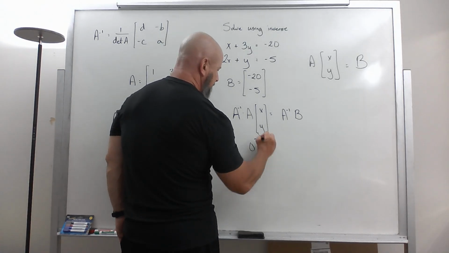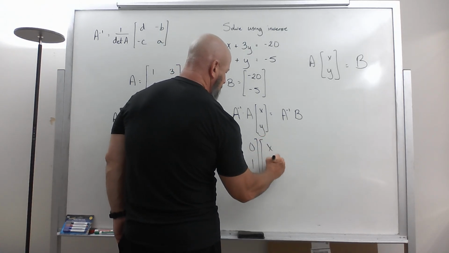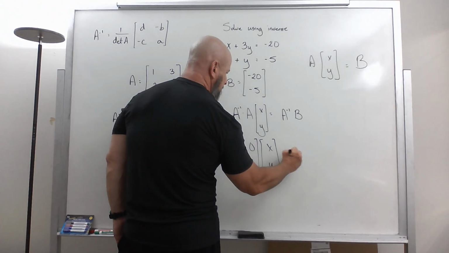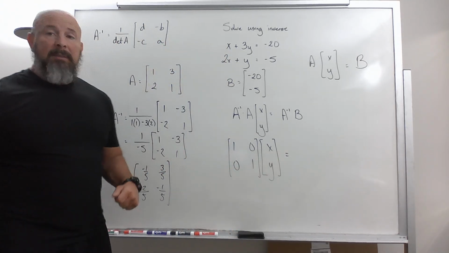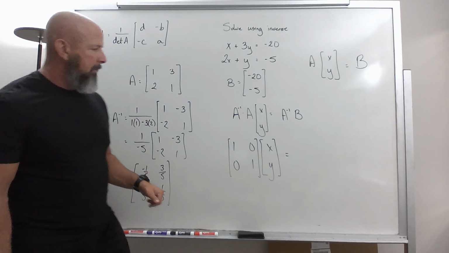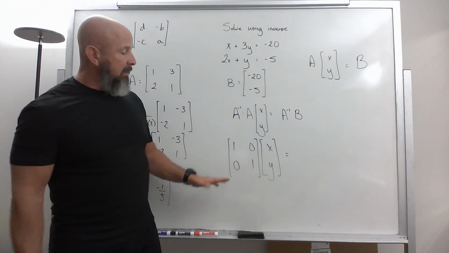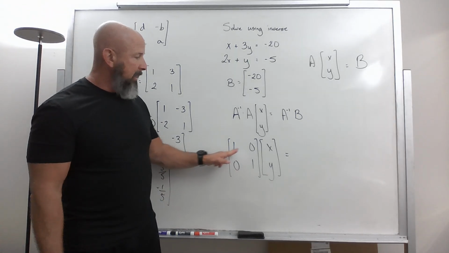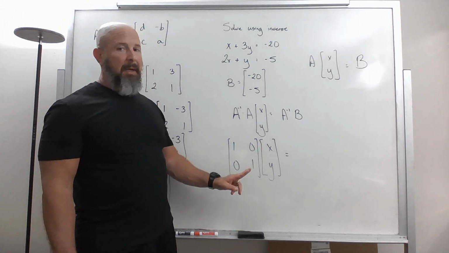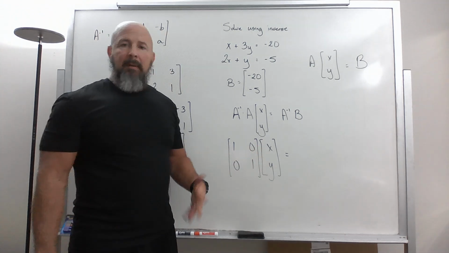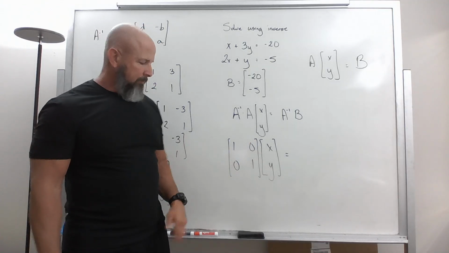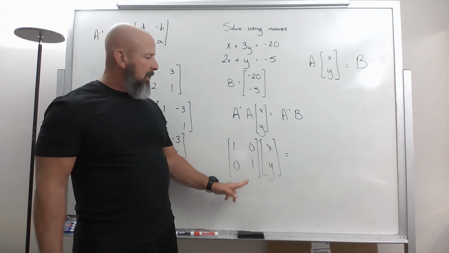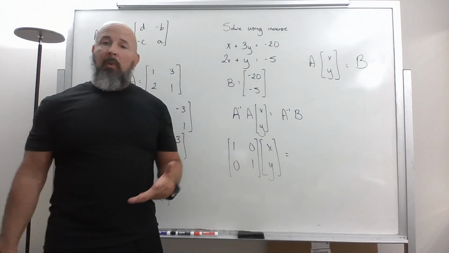I can go work it out, but I know I'm going to get that identity matrix. And so now if I look at this in equation format, I have 1x plus 0y, row by column. So that would just be 1x, 0x plus 1y. So that would just be 1y.